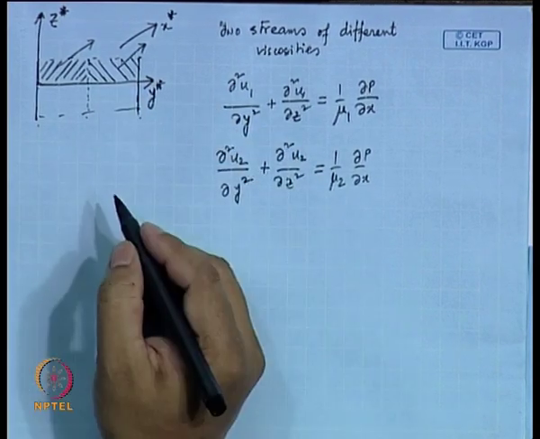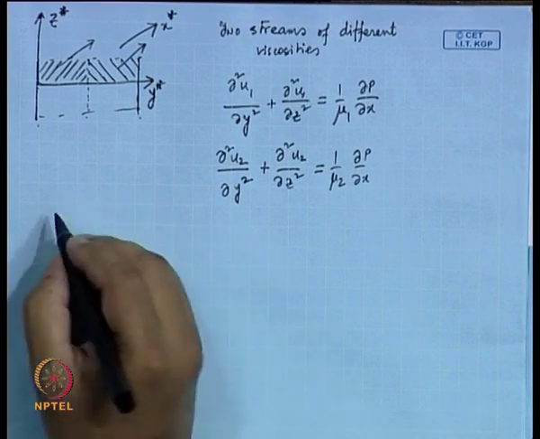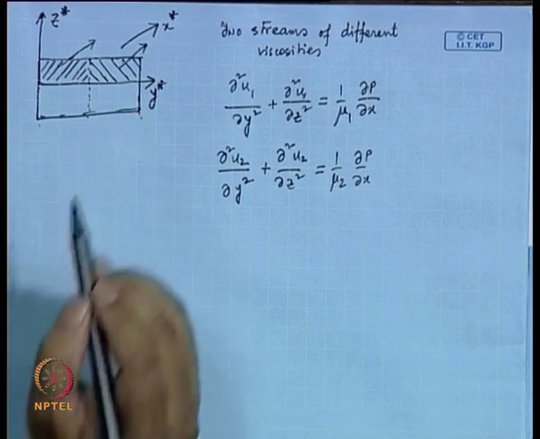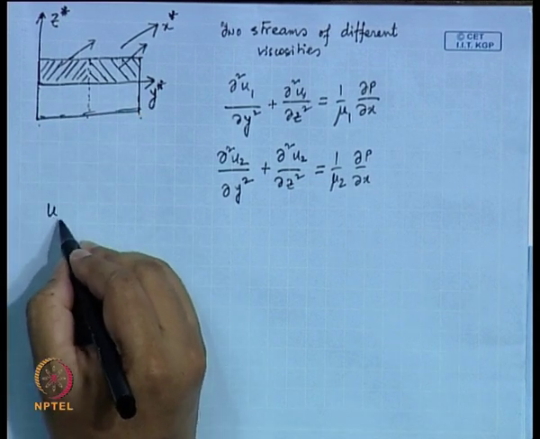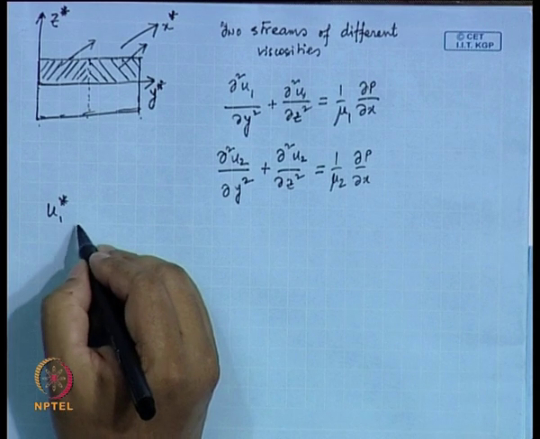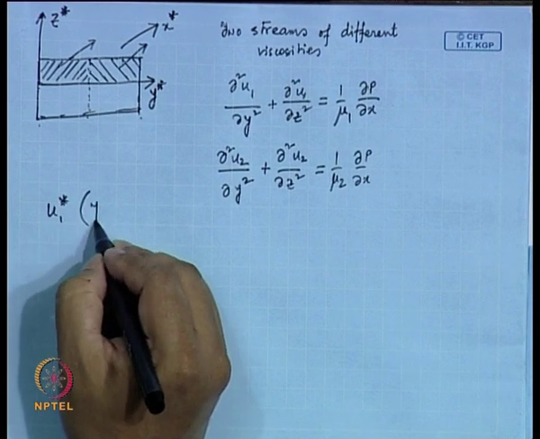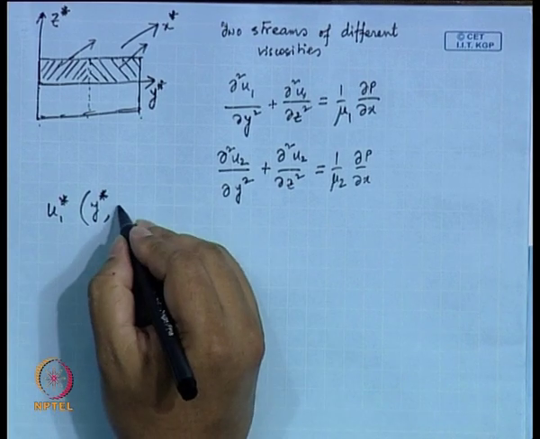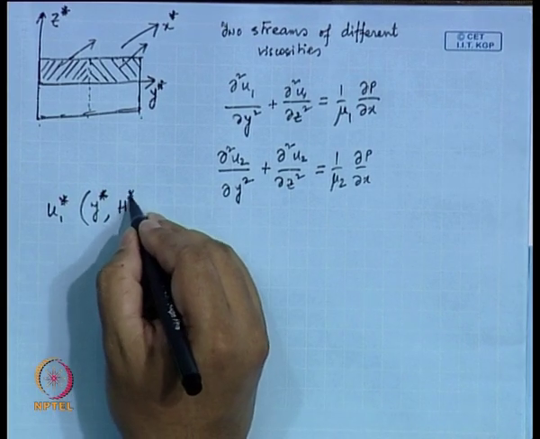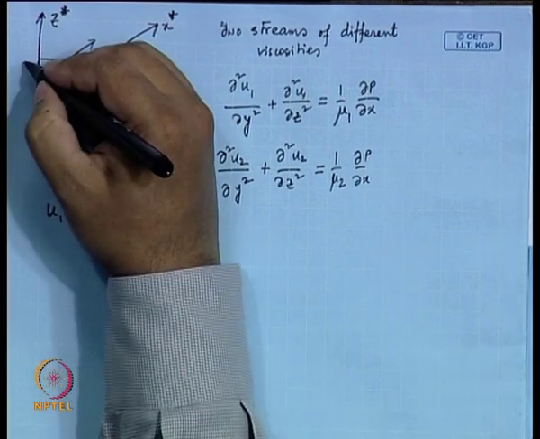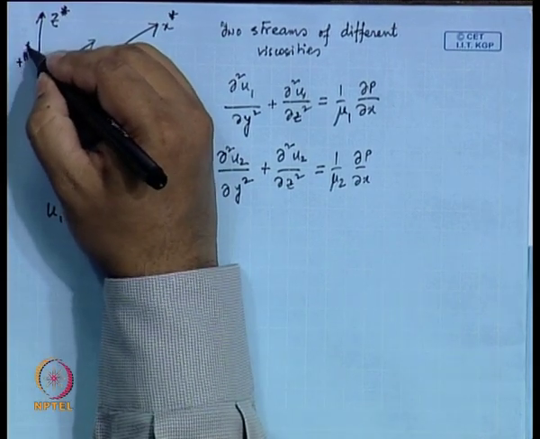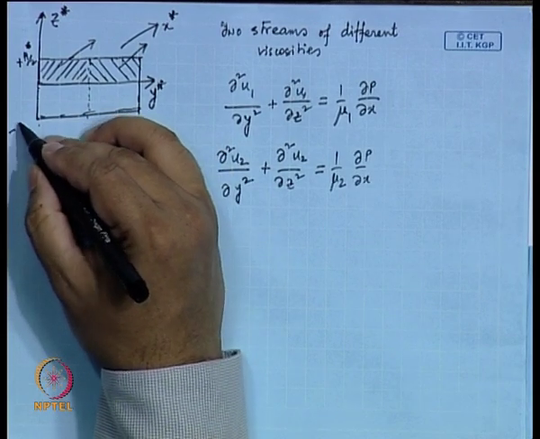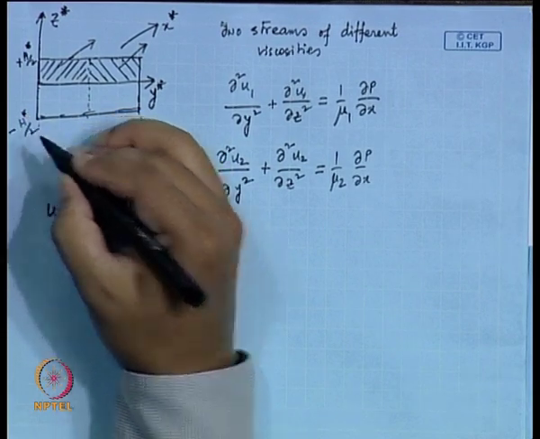at this wall there would be no slip, velocity would be equal to 0. How would it look? For example, for this wall and this wall, we would have u 1 star at y star comma h star, which is plus h star by 2, and this is minus h star by 2, right.